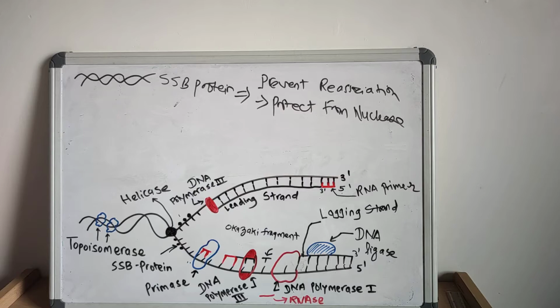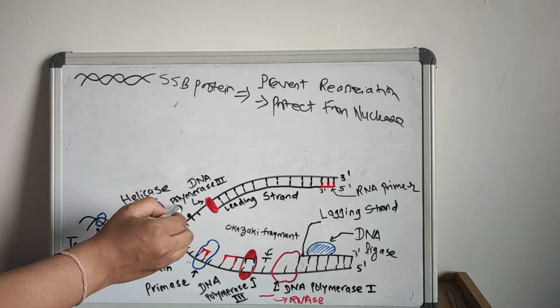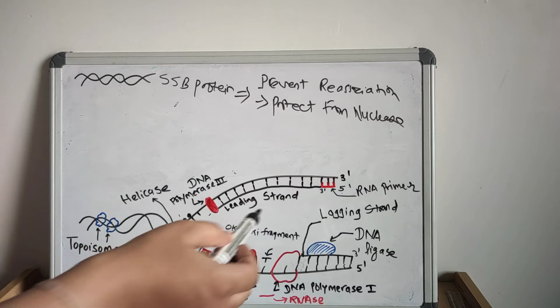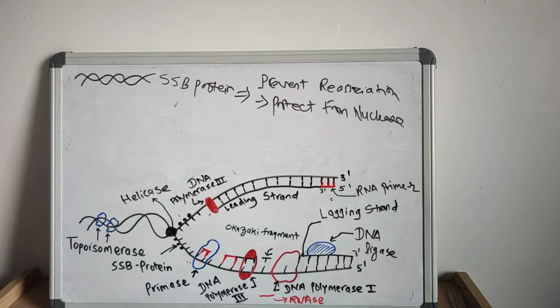The RNA primers are required because DNA polymerase is unable to initiate the synthesis of DNA. So the RNA primer is there.